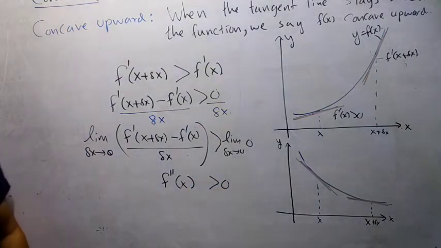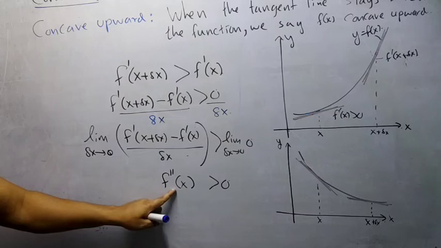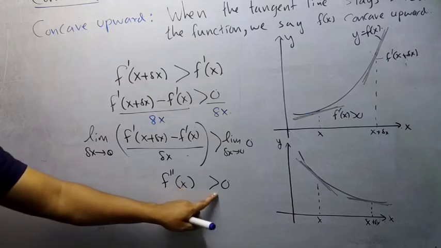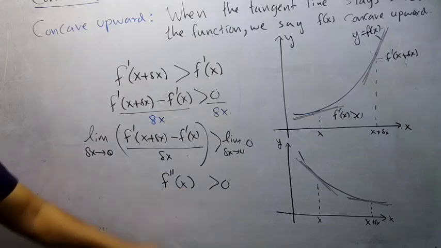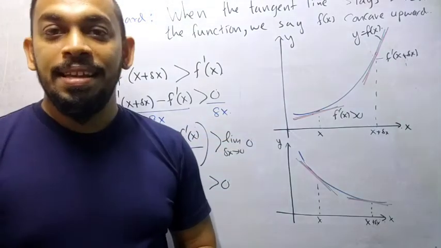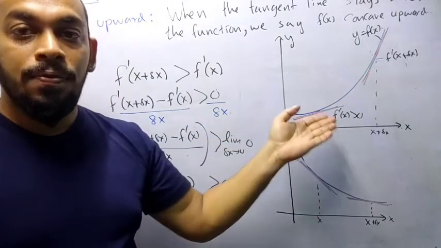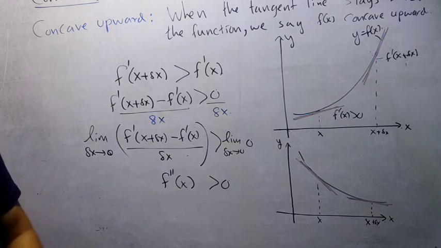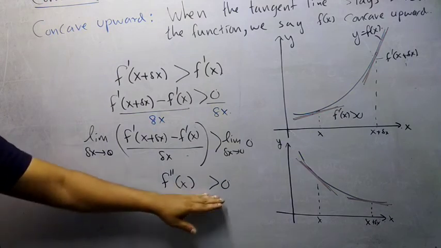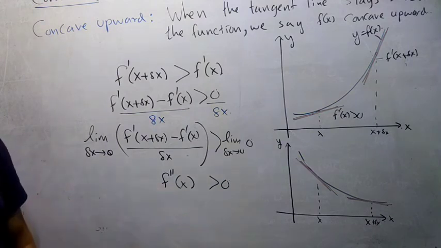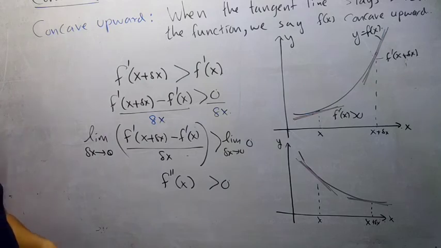This implies that if the second derivative is positive, then the tangent line stays below the function. So this implies a concave upward situation. Let me write that down here.